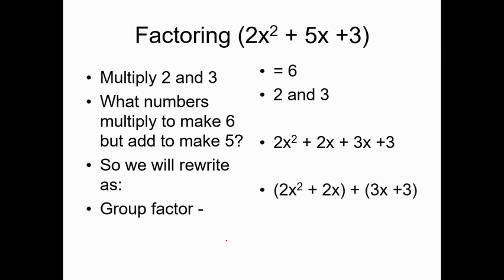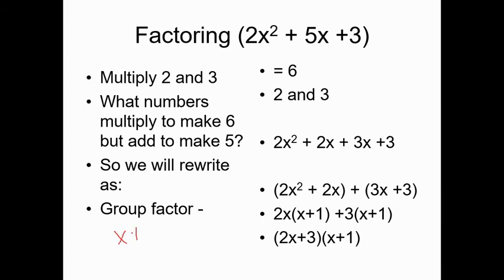And now we're going to use the grouping that we learned. Notice that when we do the grouping, what is our GCF coming out of each parentheses? So what numbers are we going to be able to take out for our GCF? That's right, we're going to be able to take out a 2x, and we're going to be able to take out a 3. And so those will go into a set of parentheses for 2x plus 3, and then we have the x plus 1 in the other parentheses, which also tells you if it's x plus 1, then we know that x is equal to negative 1 as one of our factors.